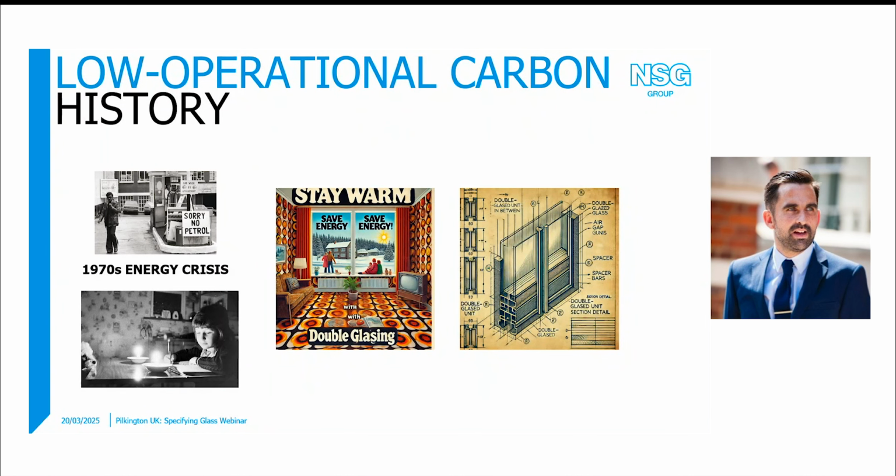This was one of the earliest steps towards reducing the operational carbon footprint of a building through smart glass design, but it set the stage for further innovations in energy efficient glazing.